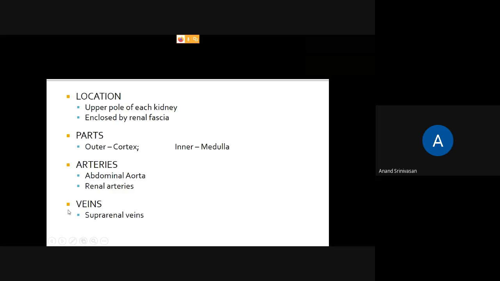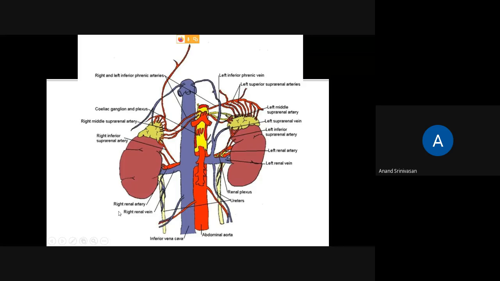Similarly, the veins are called suprarenal veins. Of the right and left suprarenal veins, the right suprarenal vein goes to the inferior vena cava, whereas the left suprarenal vein goes into the left renal vein, just similar to the testicular and ovarian veins we have seen.